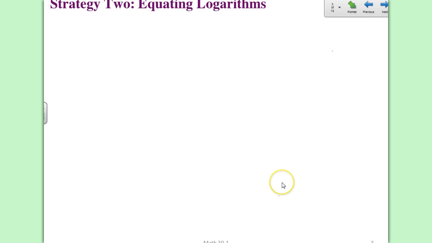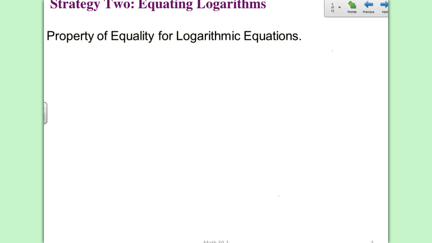Okay? Strategy number 2. What if we equate the two logs? These are both algebra, the property of equality. We used this, just reviewing, when we did exponential equations using the same base, right? So the same rule applies for logs because logs are exponents. Remember when we solved 2 to the x equals 4 to the x plus 3? If you put things in the same base, 2 to the x is equal to 2 to the 2x plus 6.